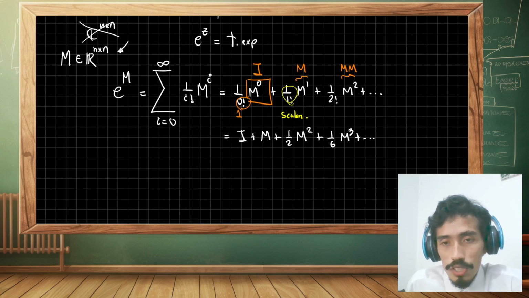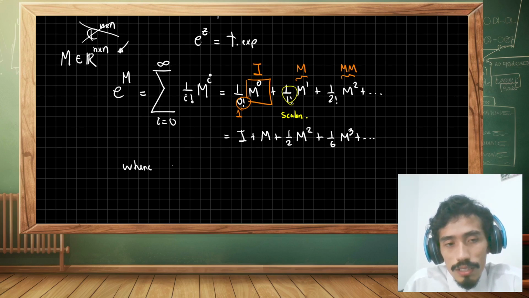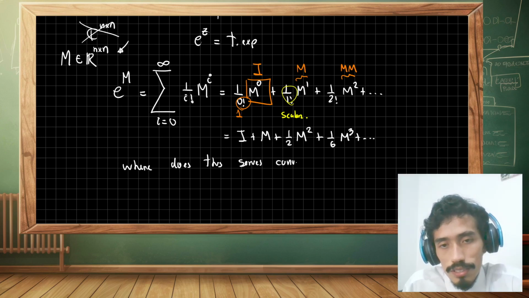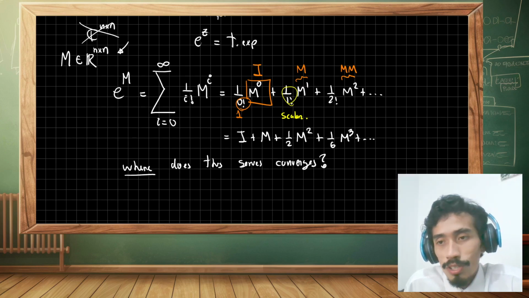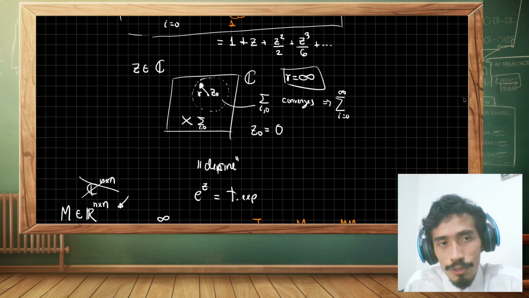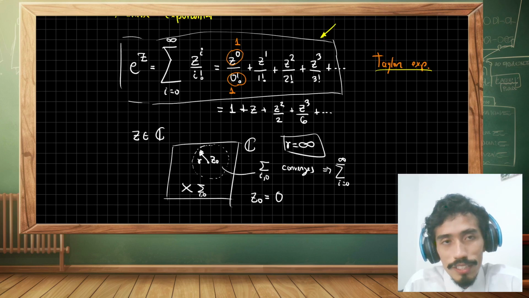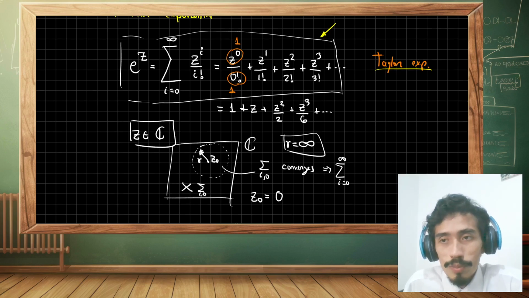The obvious question is, where does this series converge? So this is a question. You know that for the complex exponential, it converges in the whole complex plane.